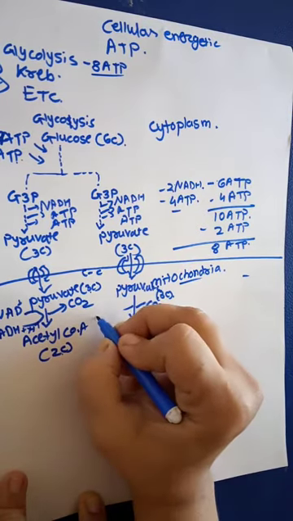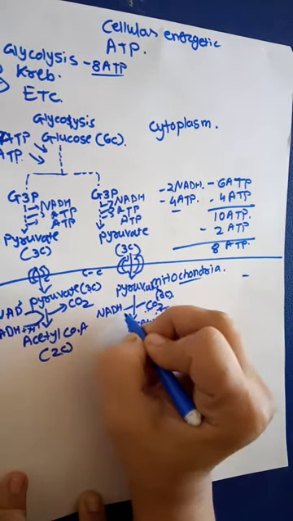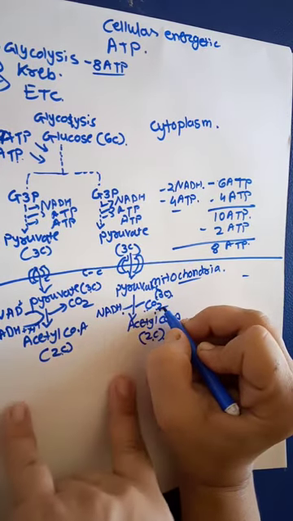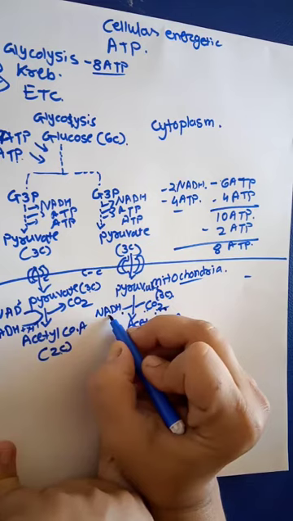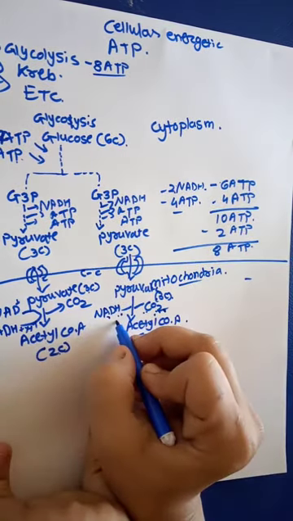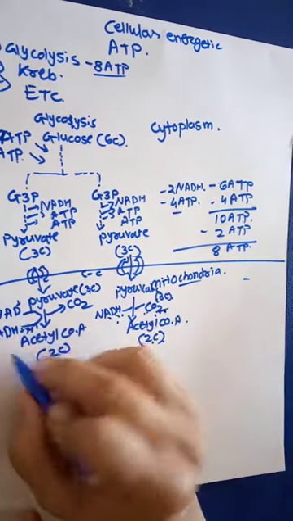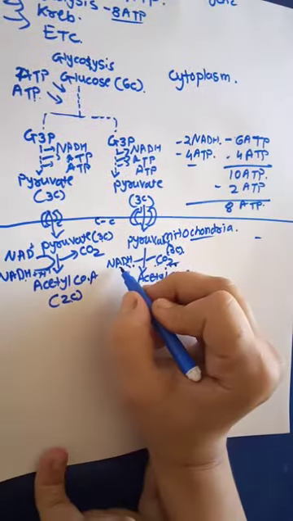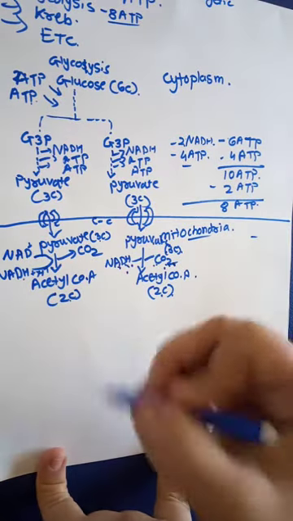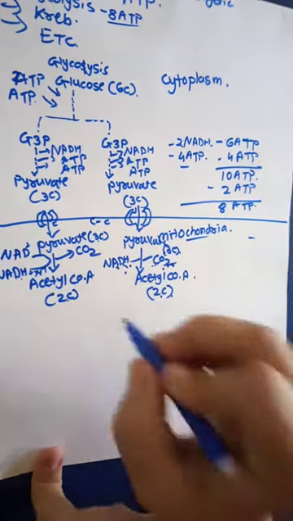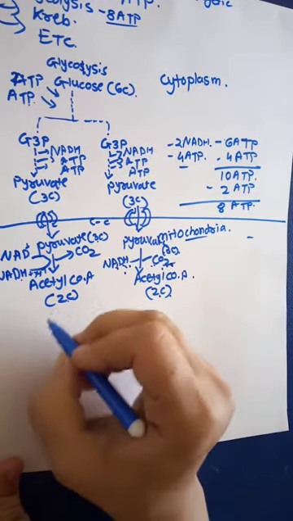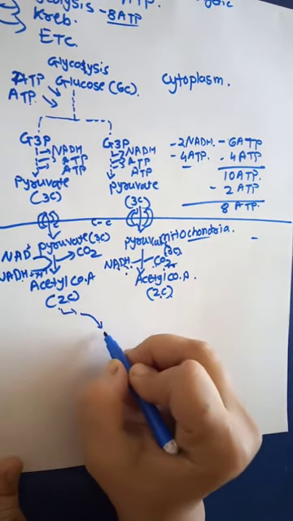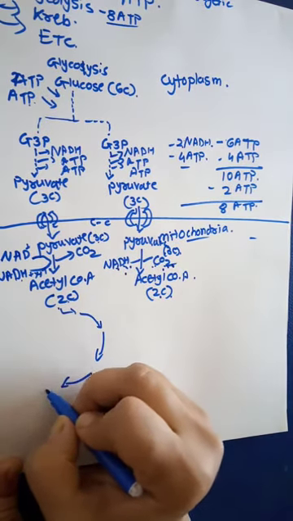So this step is a decarboxylation step as well as a dehydrogenation step, and there is production of NADH, one from each side. 2 NADH will be produced here. As we all know, this NADH goes into the electron transport chain and generates 3 ATP. Now this acetyl CoA finally enters the Krebs cycle.